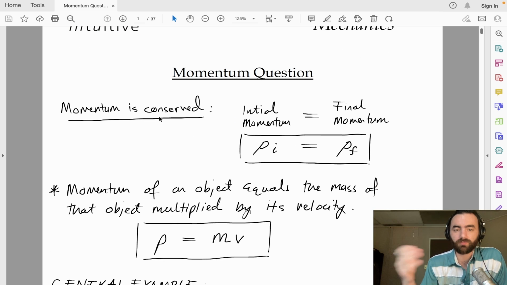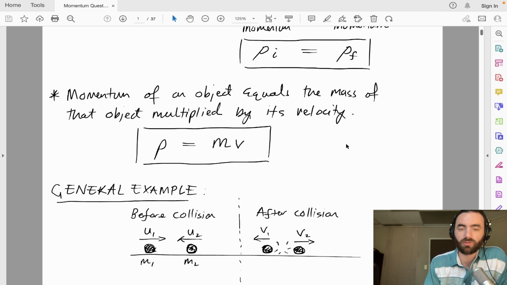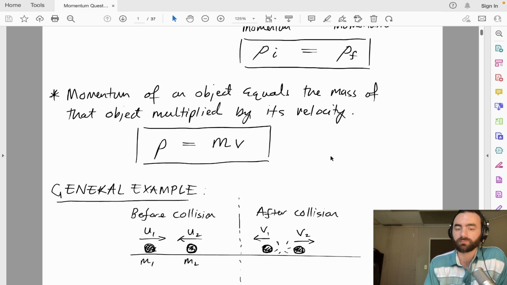What is momentum? Well, just like energy, momentum is conserved. So the initial momentum, the momentum of the masses or particles before an interaction, usually a collision, will equal the momentum after the collision. And momentum is the mass of the object times the velocity at which it is moving.